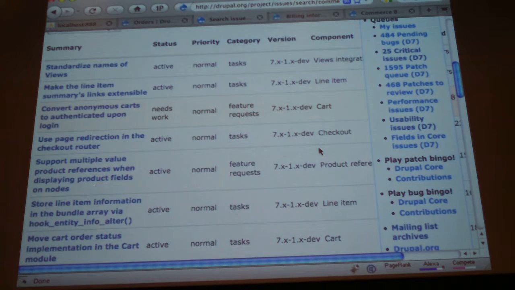You don't have to know how entities and fields work and relate to each other within Drupal Commerce to take care of these issues. So if you want to contribute, that's a good place to start. We also have testing issues and user interface mock-ups that we're reviewing, would appreciate more feedback on, and of course a host of other things for you to get involved with.